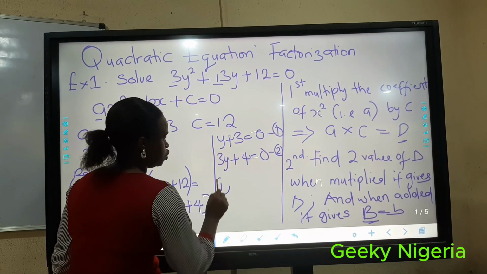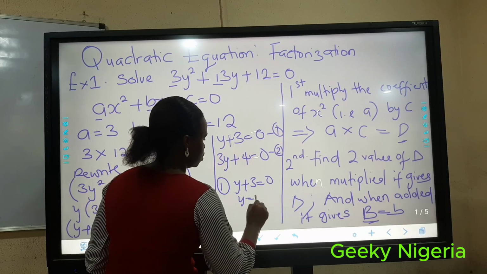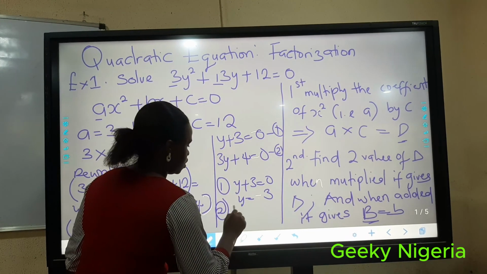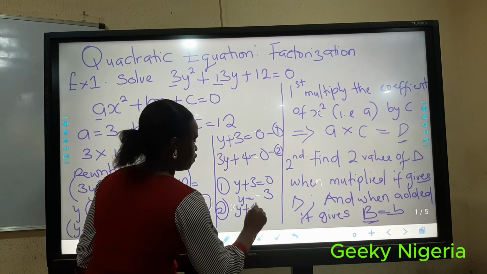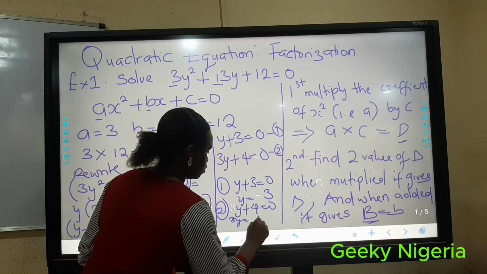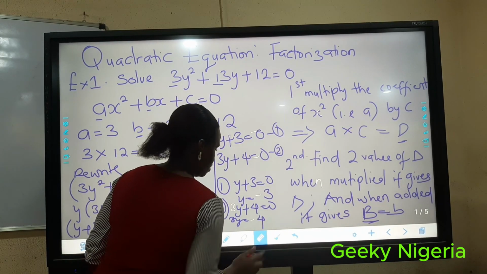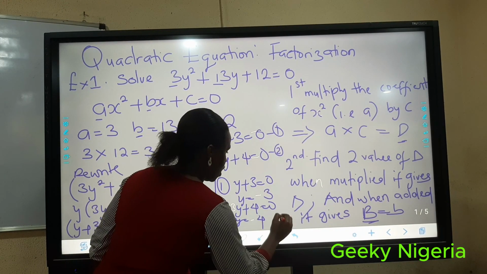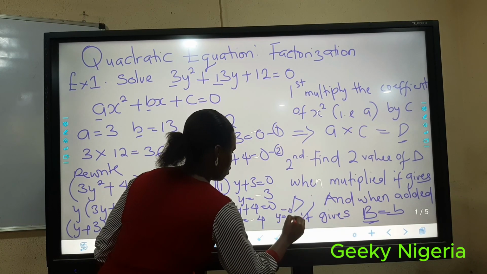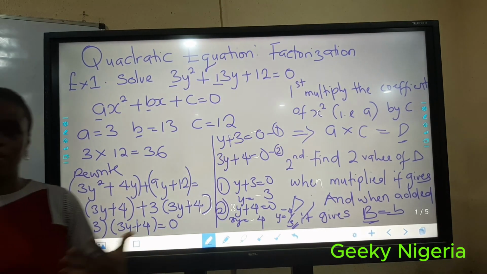For the first equation, y plus 3 is equal to 0, which means y is equal to minus 3. For the second equation, 3y plus 4 is equal to 0, which means 3y is equal to minus 4, and then y is equal to minus 4 over 3. That's one of the simple ways to solve by factorization.